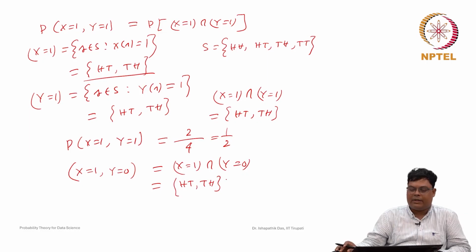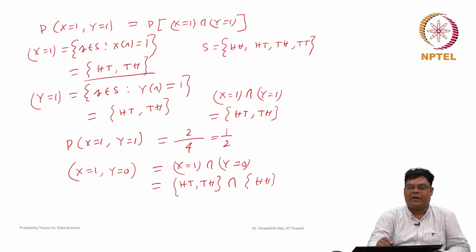It corresponds to the number of tails being 0, where Y is the number of tails. So, that is head head. Here you see that they are not the same. So, this intersection is phi, the null set.